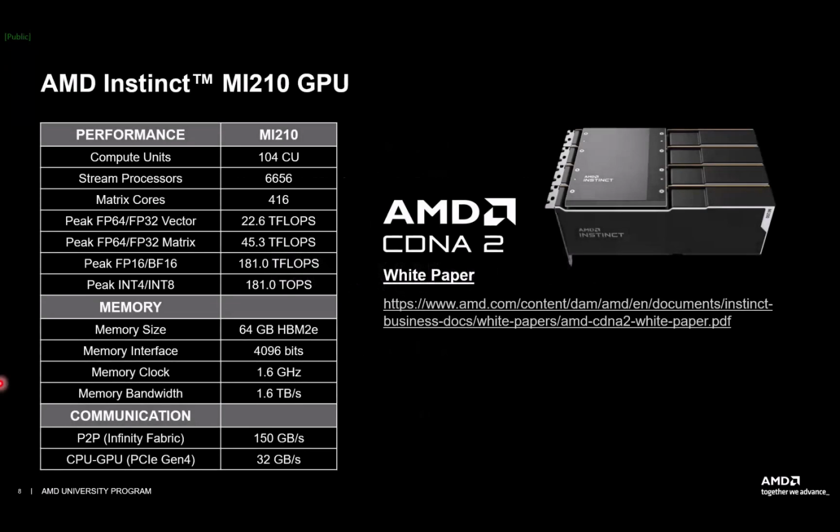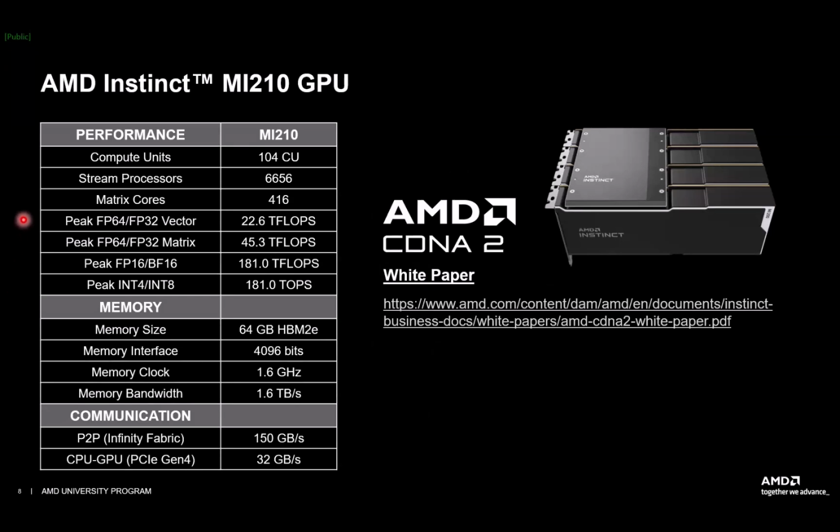For the background, I wanted to point out the stats of these MI210 GPUs. These are the GPUs that the folks at these HACC centers currently have in their clusters. For high performance computing, your traditional modeling and simulation workloads, these GPUs have a peak performance of 22.6 teraflops in FP64 or FP32.